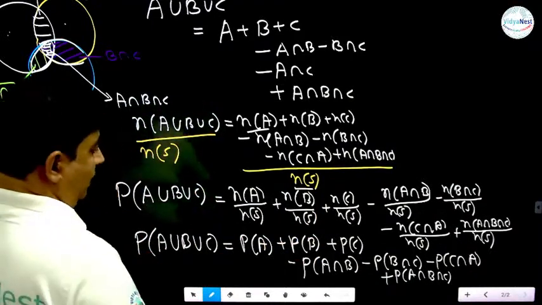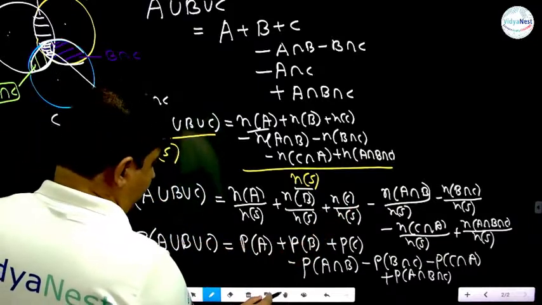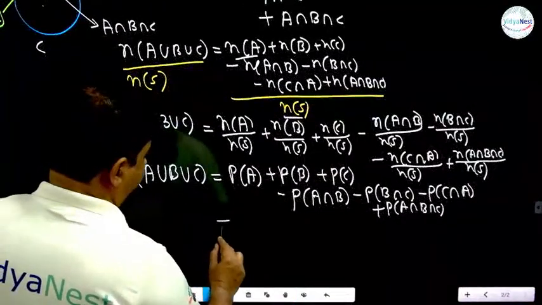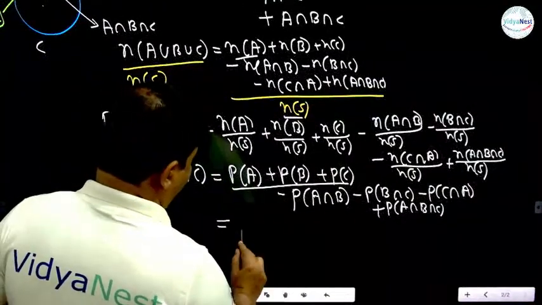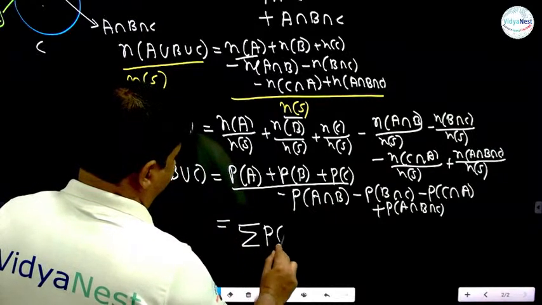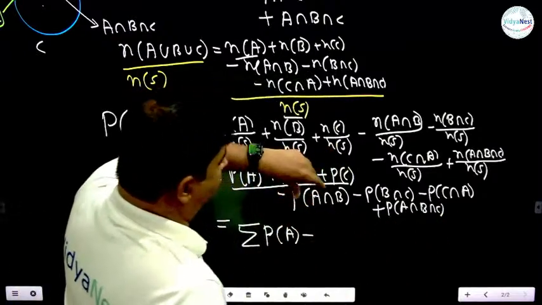Now if you get confused with so many terms, you can write it by sigma. Sum of this, sigma P A. These are in pairs.